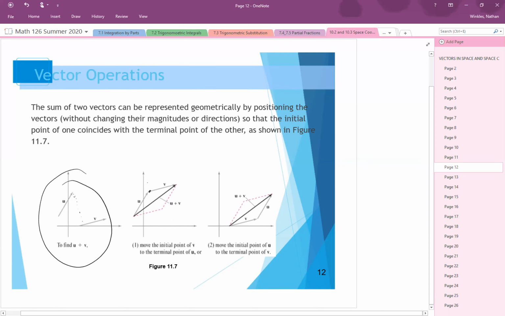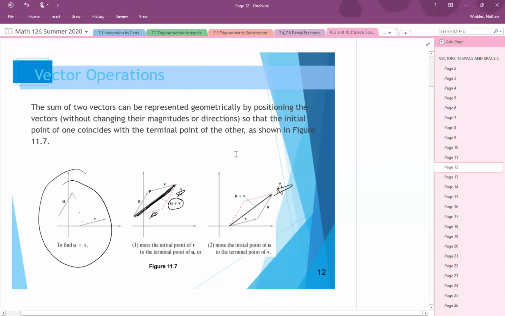By the parallelogram method, we can create this dashed line here and here by just moving u and v. That's what we've done over here in this third case. This long piece in the middle here is what we call our resultant vector, which in this case is u + v.